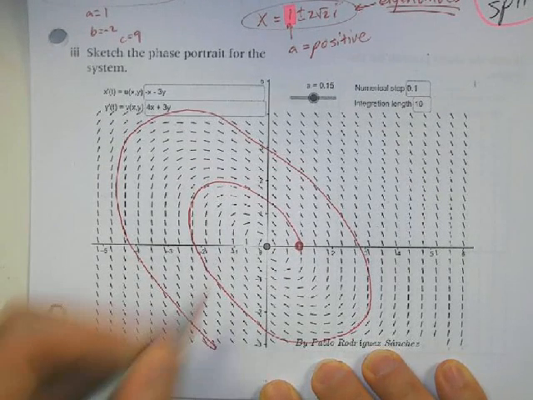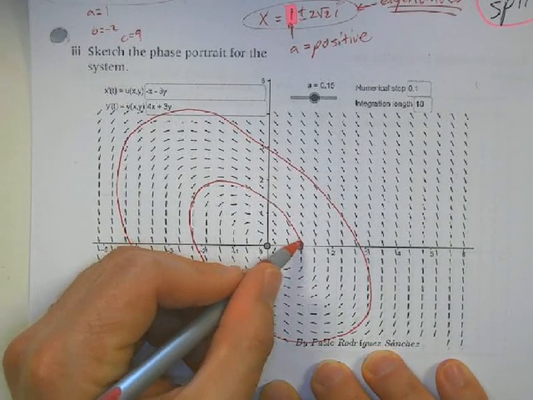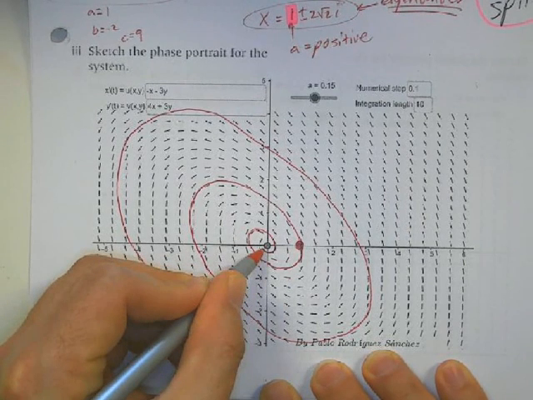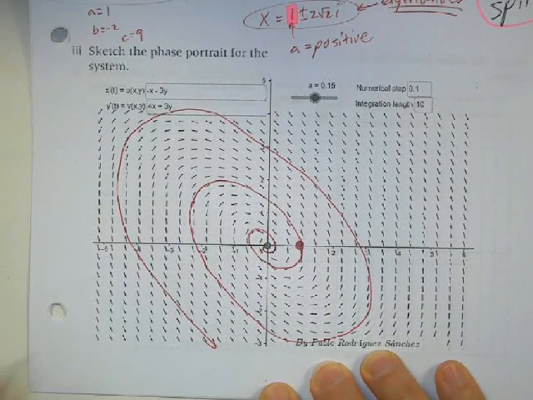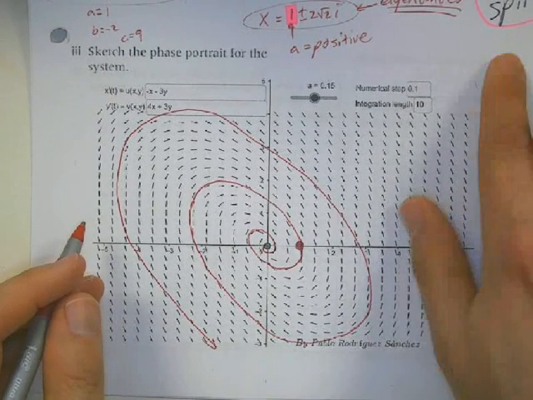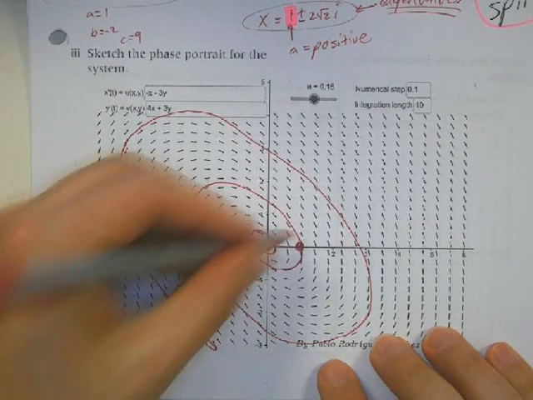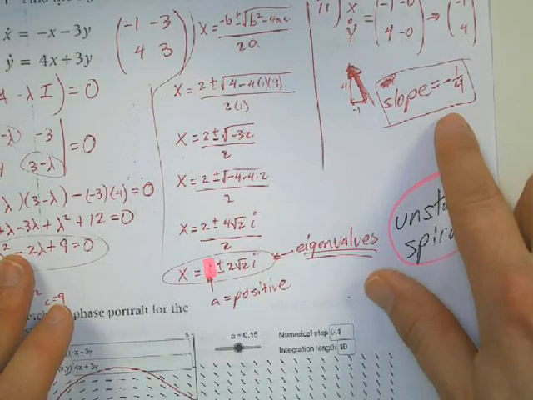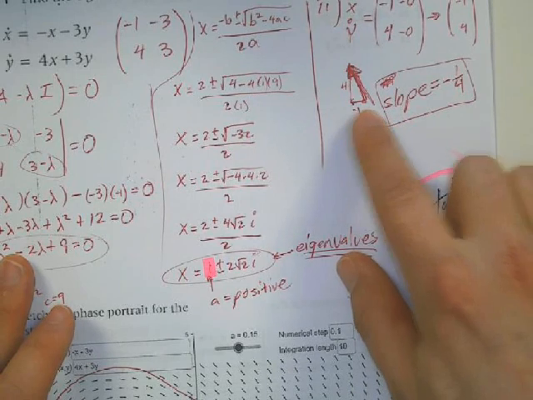And you just do your best. Now let's go the other direction backwards. Now, because it's unstable, it's going outwards. So, and I know because from this point we just said the direction is -1 and up 4.